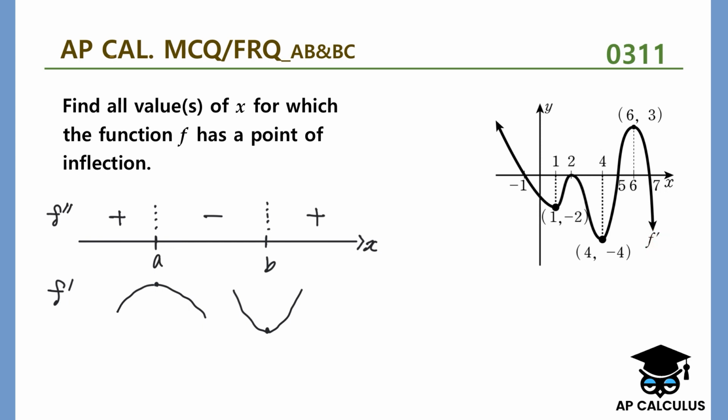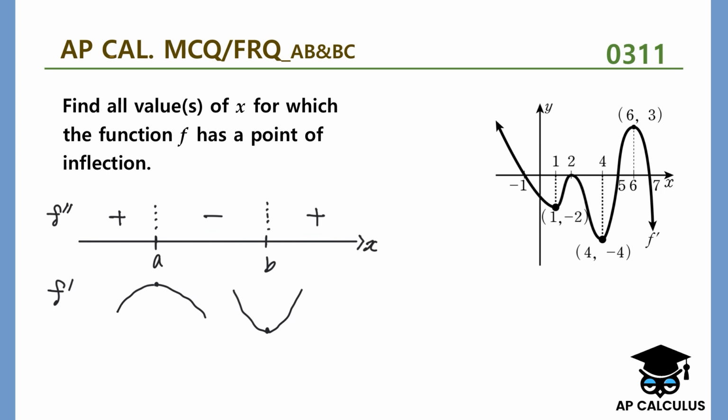The x values where f prime has a relative maximum or relative minimum, at that point we'll have a point of inflection of f, because f double prime changes from positive to negative at this point and negative to positive at this point, right?